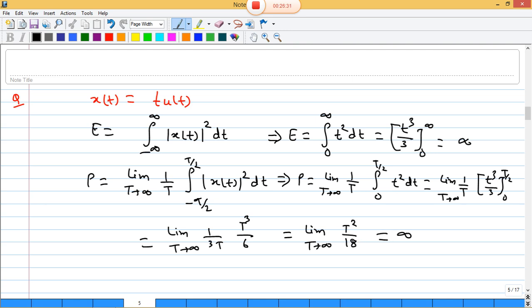So energy is infinity, power is infinity. So we can say it is neither a power nor an energy signal. Is that clear?